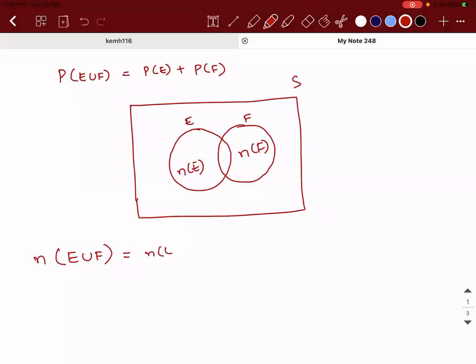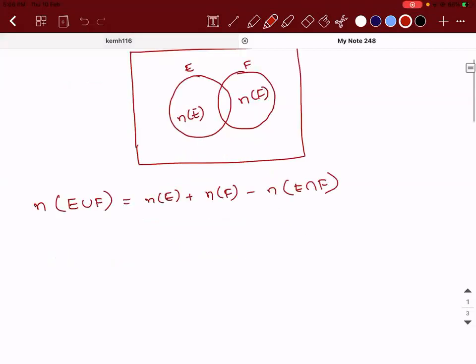It is the number of elements in E plus the number of elements in F. Is that all? Are you able to understand what I'm asking? Minus the number of elements in the intersection, the number of elements in E intersection F. Now I will divide by n of S on both sides.